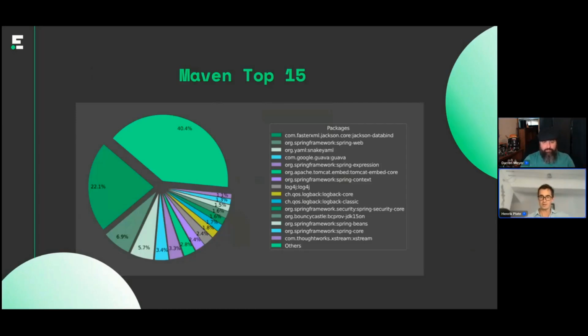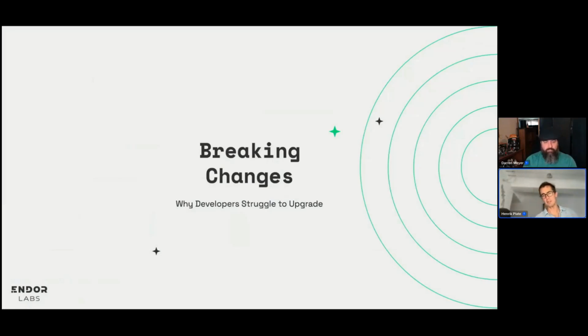Yeah, completely agree here. And this is exactly what we are going to look at in the next section of this webinar, which is all around breaking changes, right? Breaking changes are basically syntactic or semantic incompatibilities between two versions: the one that a developer is on, that is currently used in an application, and the next one that he wants to upgrade to.